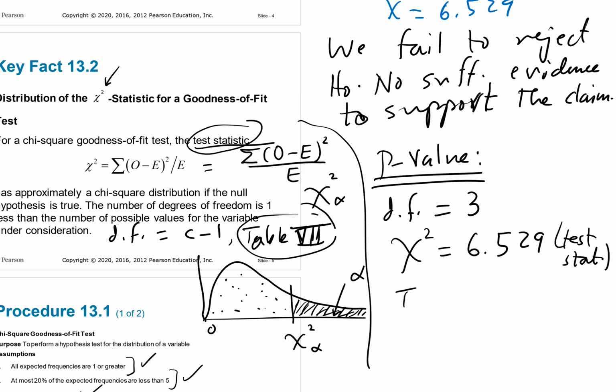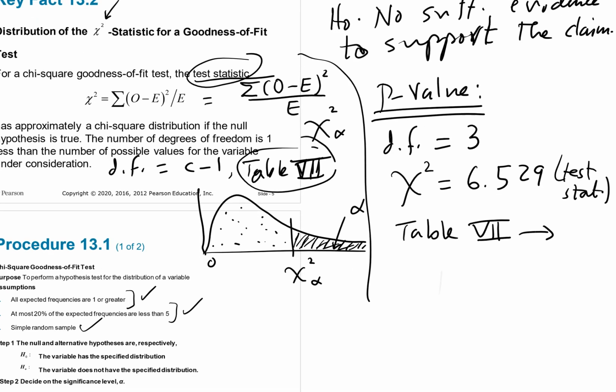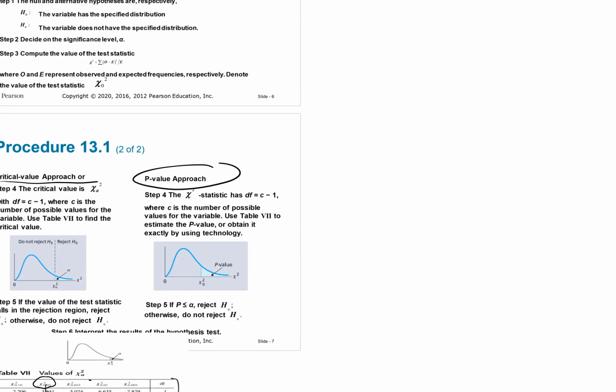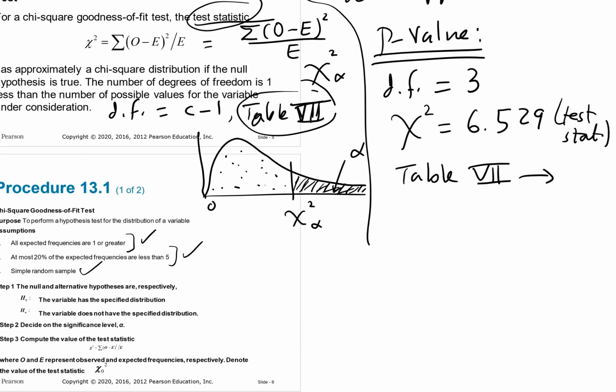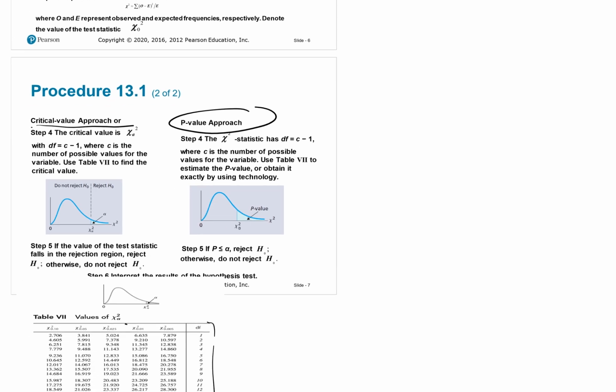And then table 7, back to table 7. And let's see what we have in table 7. So we look in table 7, I can show you here on the tablet. Degrees of freedom 3. And we would like to see 6.529.